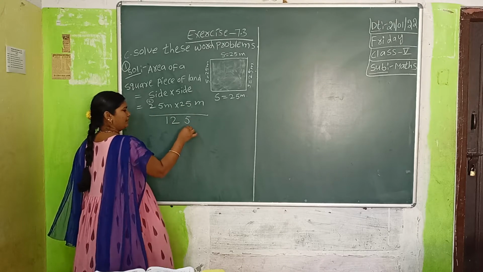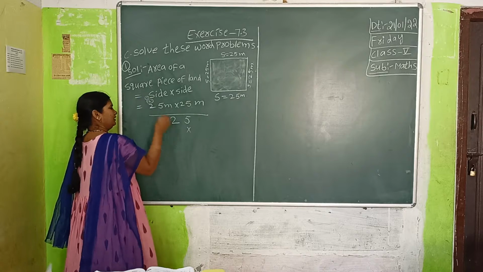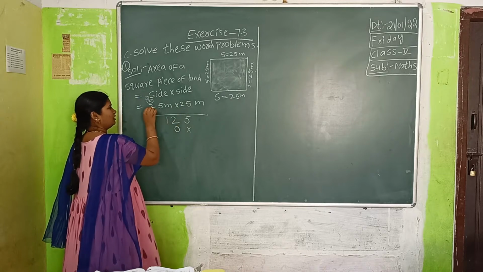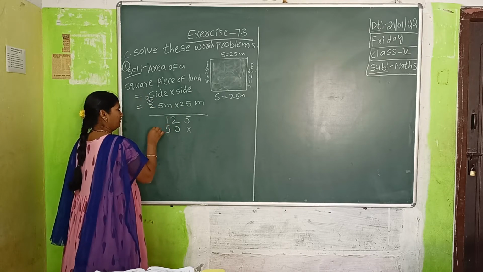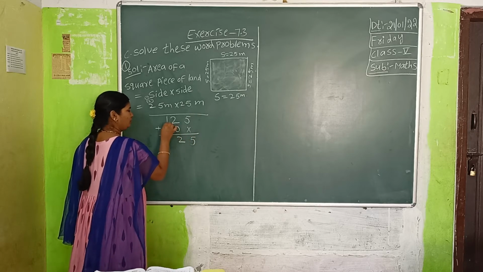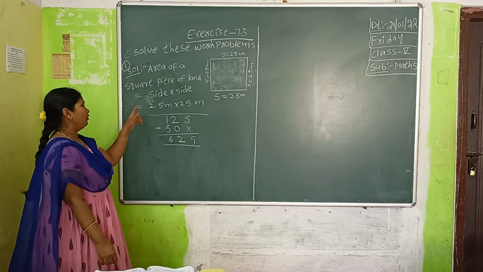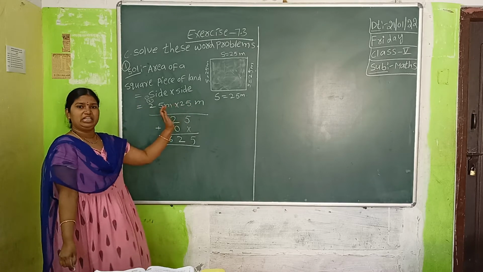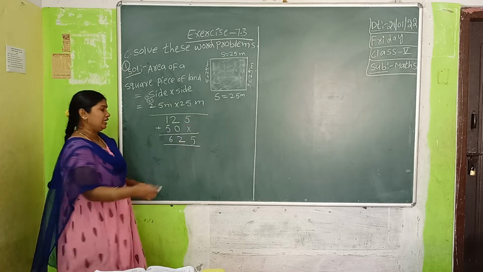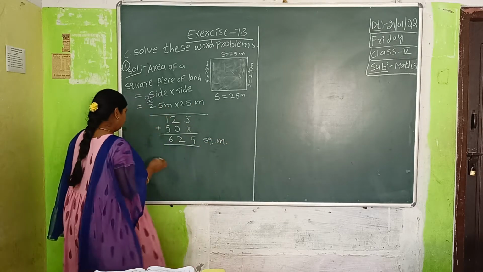Once the first place multiplication is over, put the multiplication symbol. 2 5s are 10. 2 2s are 4, plus 1 is 5. Now do the addition. 5, 2 plus 0 is 2, 1 plus 5 is 6. 625 what? Meter into meter it becomes meter square or square meter.